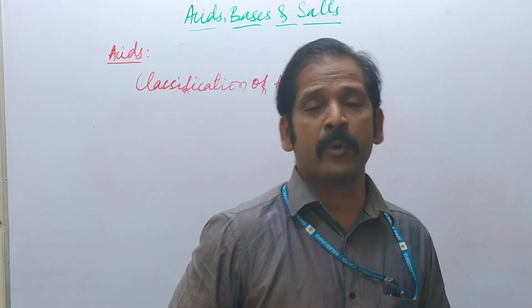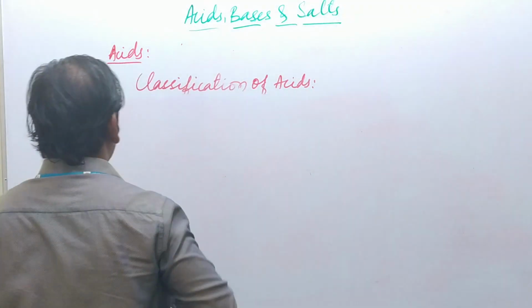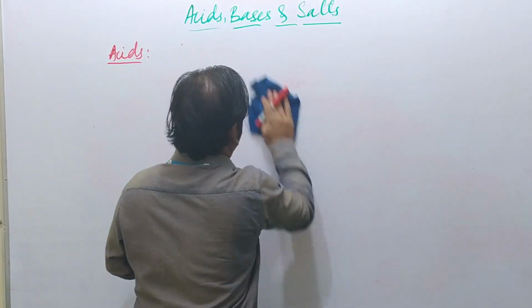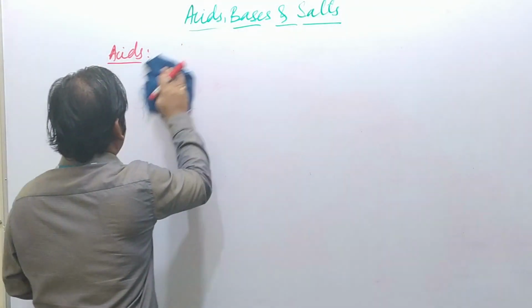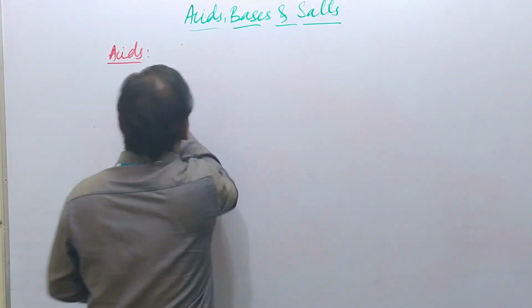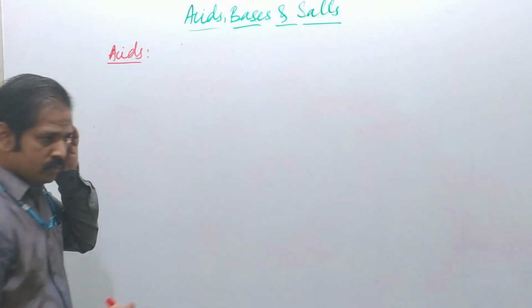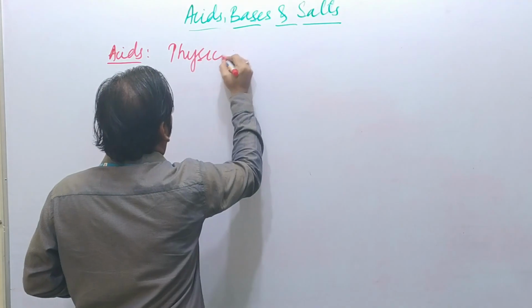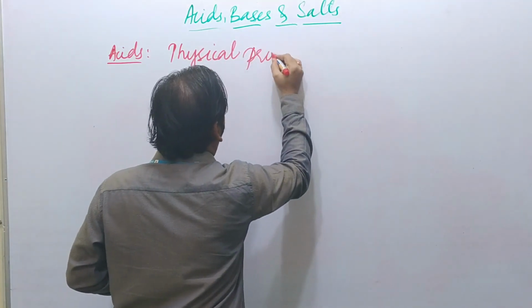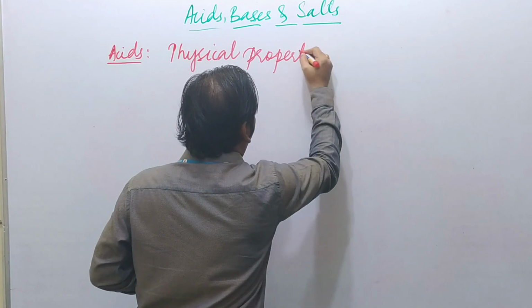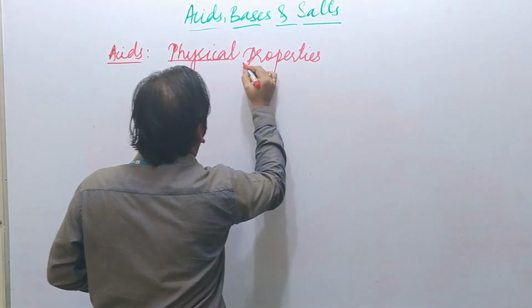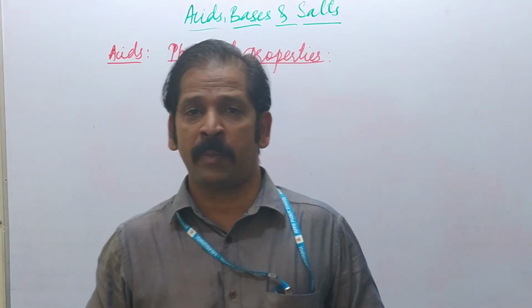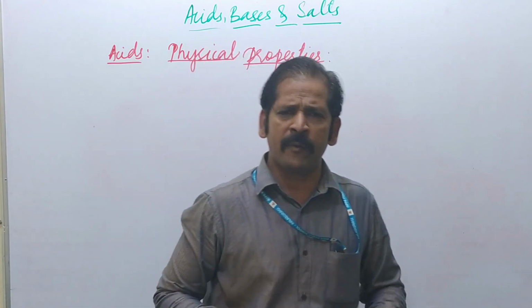I repeat, physical properties of acids. We are having 5 physical properties of these acids.